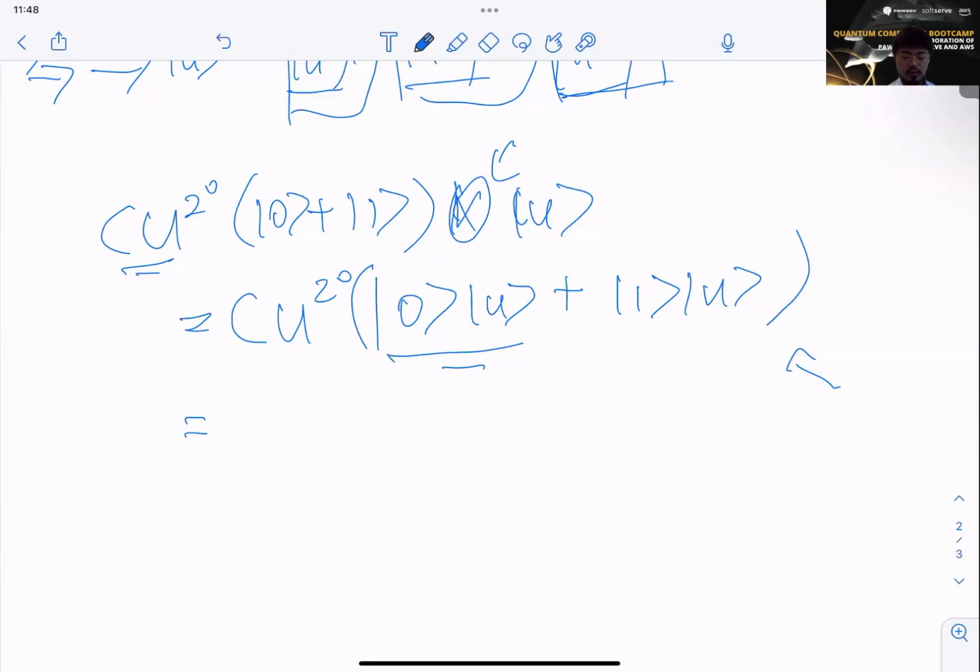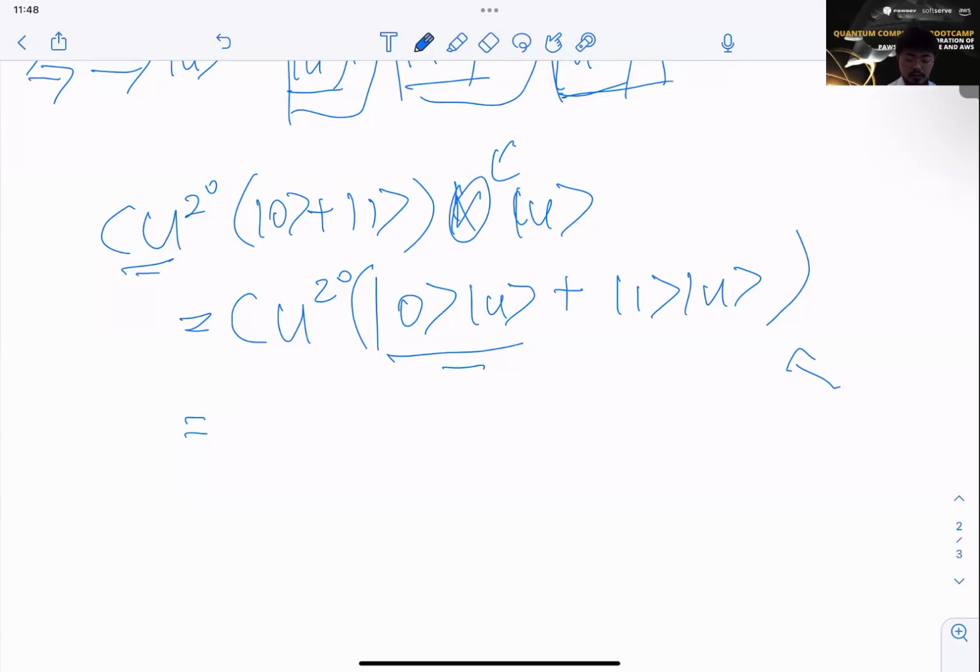So when this control operator is acting upon the 0 U, does anything happen? No. So nothing happens basically.